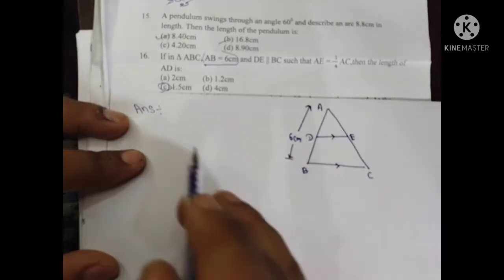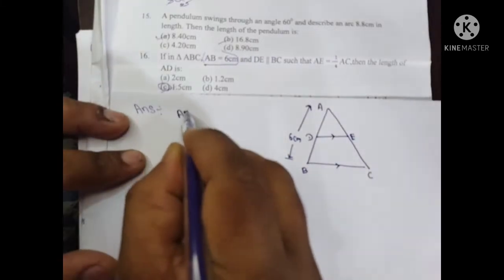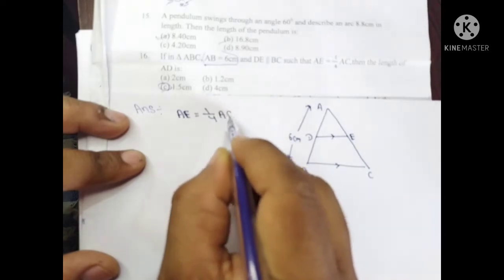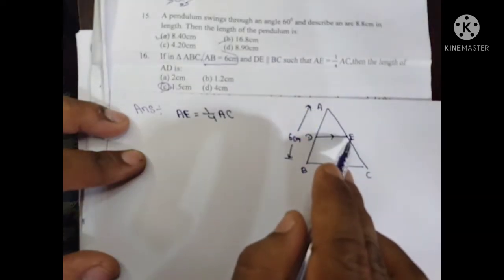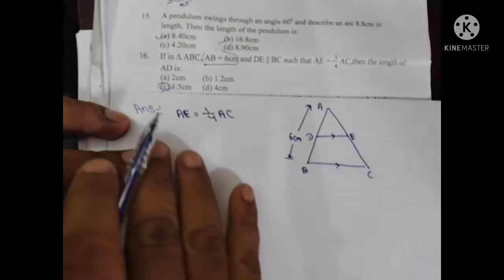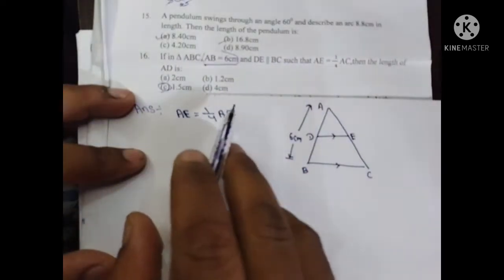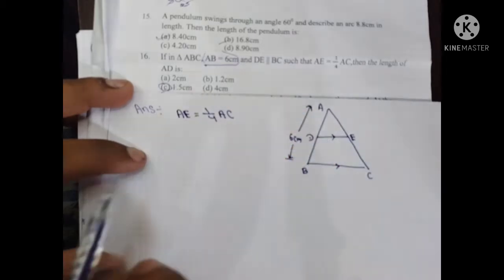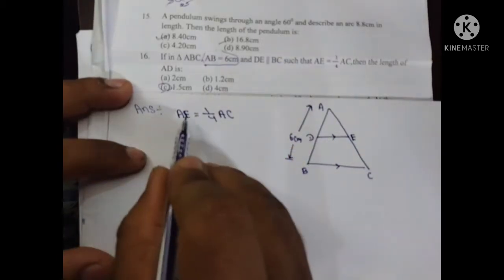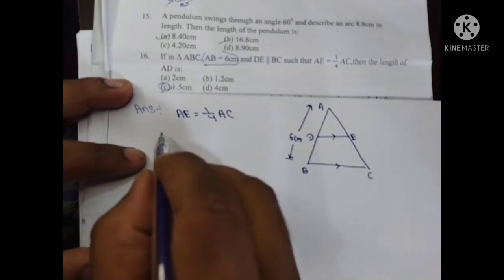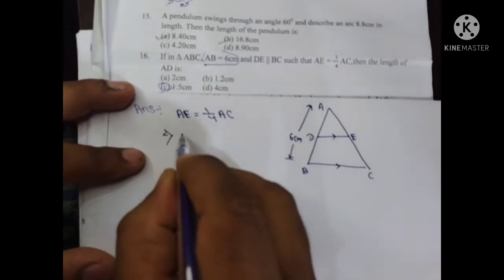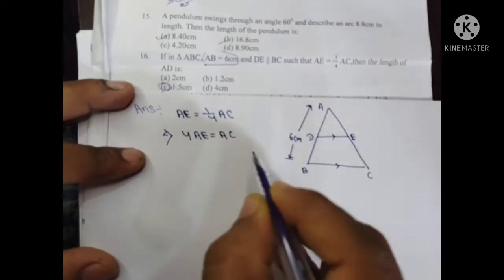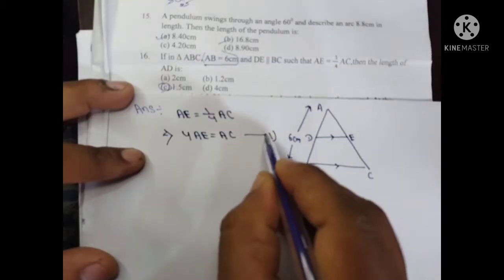It is again given that AE is 1 by 4 AC. So we have to find the value of AD. Now if AE is equal to 1 by 4 AC, we can write 4AE is equal to AC. Let this be equation 1.